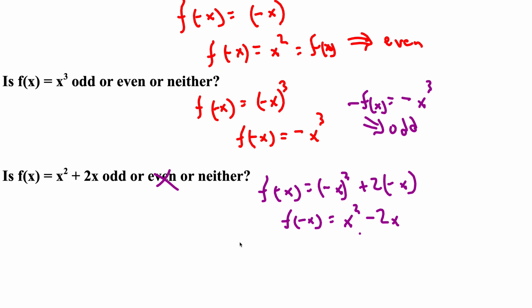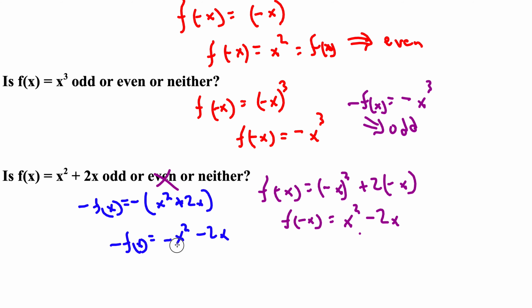Next step, figure out what opposite f of x is, which means what? We take the opposite of the whole thing. When we say the whole thing, we mean that quantity, as in wrap that bad boy in some parentheses, which implies that we have to distribute.